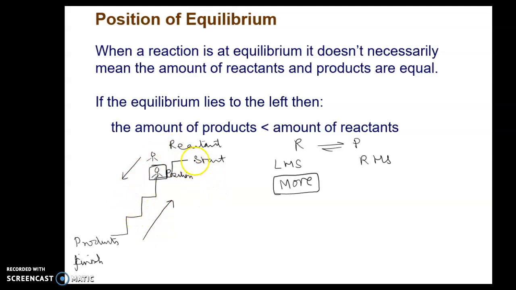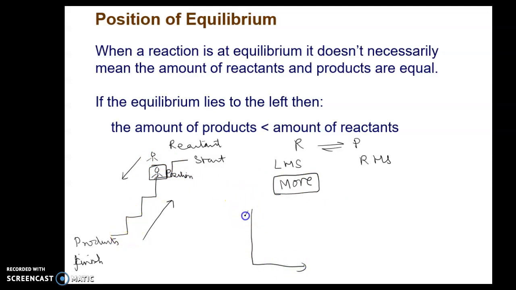In the same way, when a reaction acquires equilibrium, if the position of equilibrium is towards the left, it indicates that the rate of forward reaction was not as strong as the rate of backward reaction before the equilibrium was established. So you would have more relative amount of reactants than the products at the end.